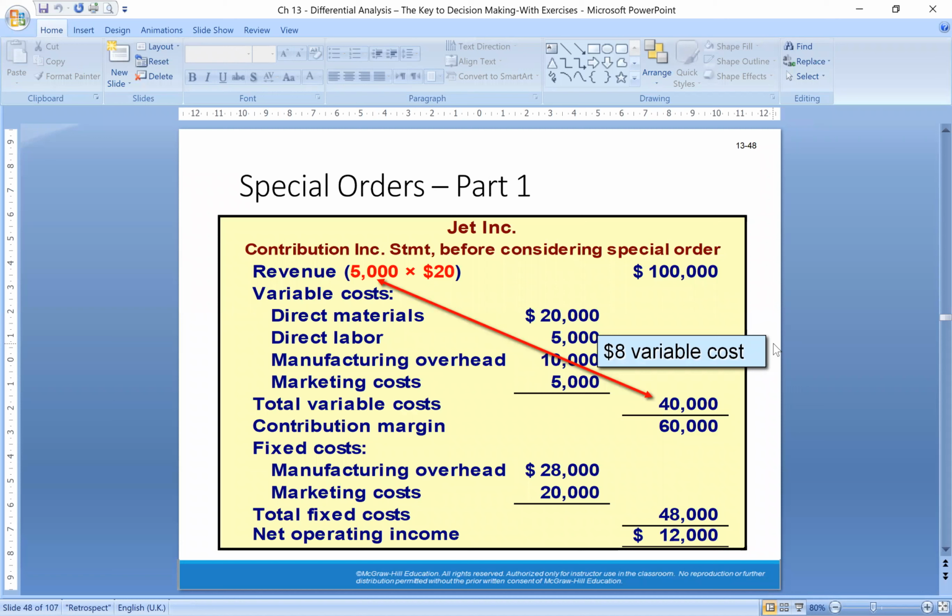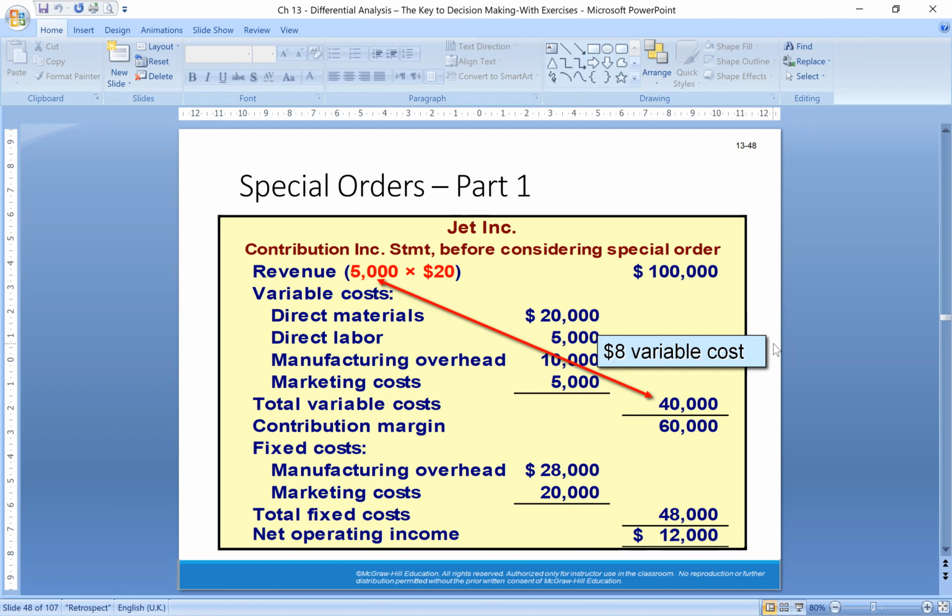So the variable cost per unit is $8, which is calculated from the total variable cost of $40,000 divided by 5,000 units. So we are paying $8 as variable expenses.